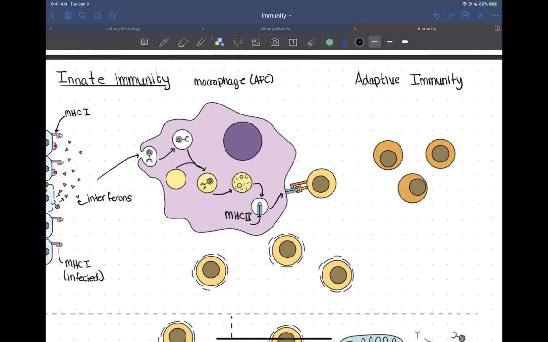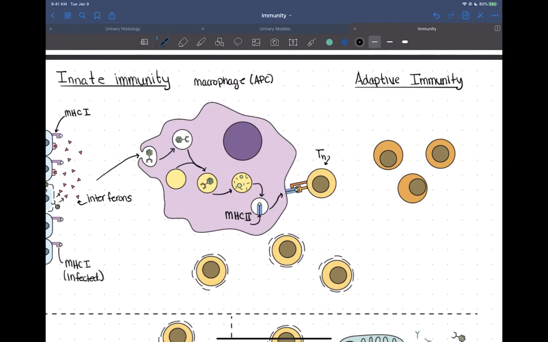That antigen presenting cell travels through lymph vessels to find a lymph node, and in that lymph node we have our T helper cells.